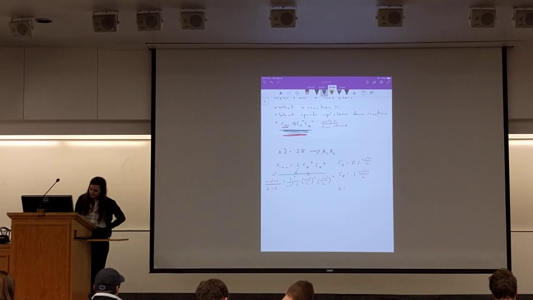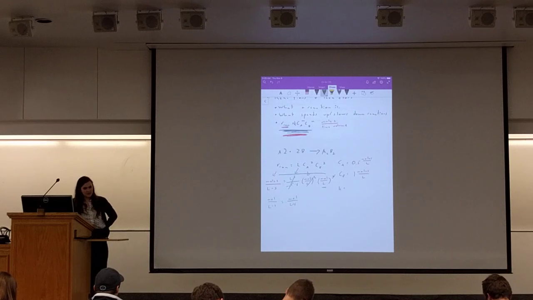In this case, this will cancel out everything except for 1 mole per liter over here, and you will get moles per liter second is equal to moles per liter second. So that's the main thing that will change: the units of the reaction rate constant will need to change in order to get this out.